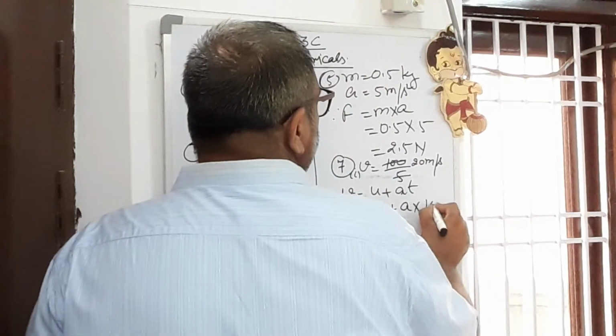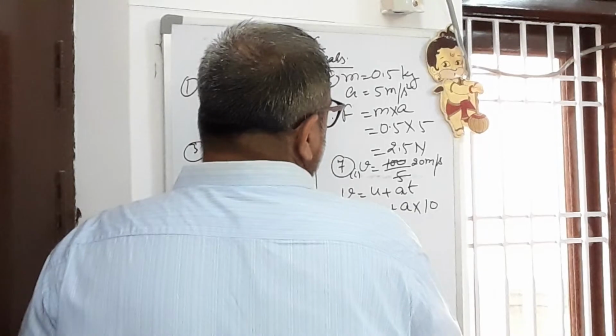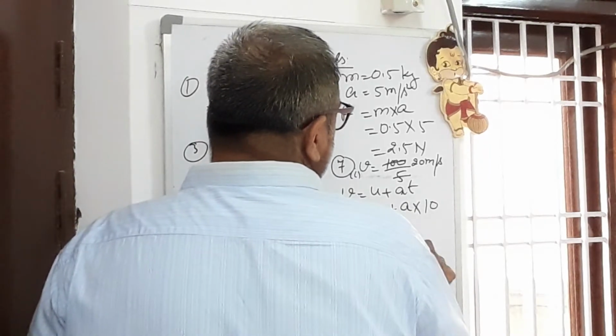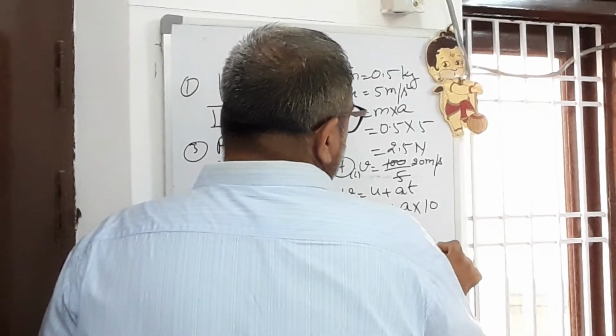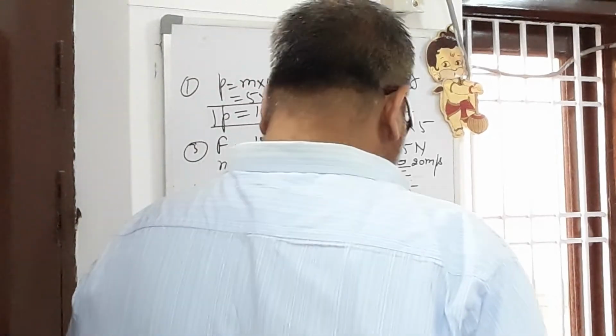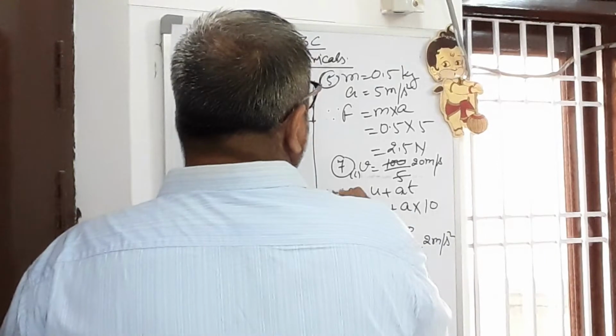So we can write 10A is equal to 20. A is equal to 20 upon 10, 2 meter per second square. Please check, second answer is this.